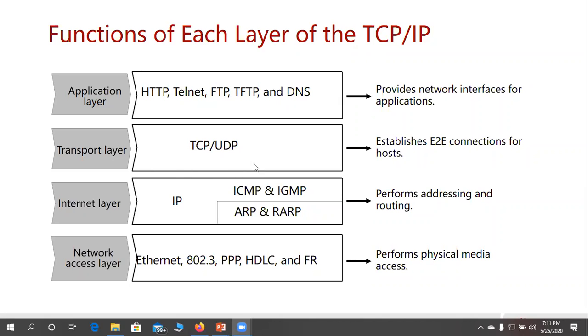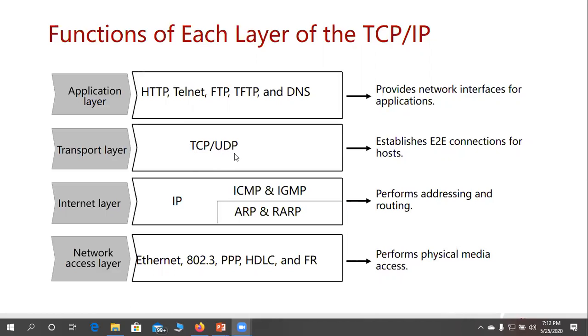In the transport layer, here we have two protocols, TCP and UDP, okay? How do we use TCP? For example, when you are sending a file or sending an email, the protocol that is involved is TCP, Transmission Control Protocol.